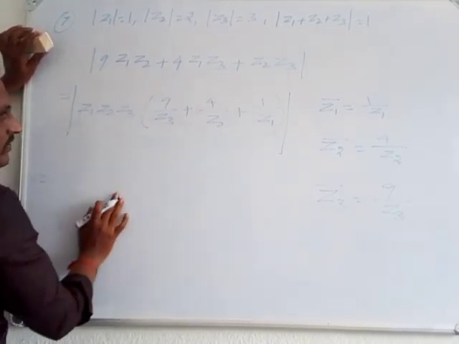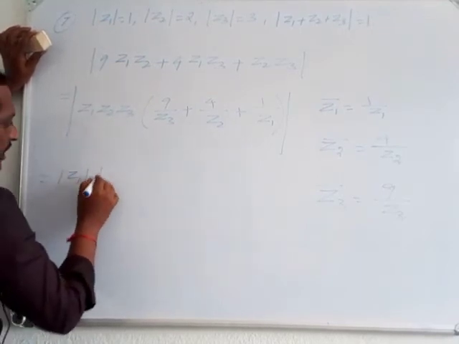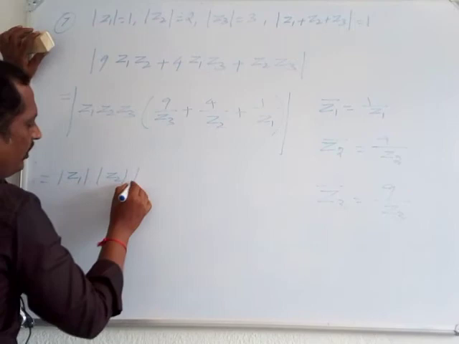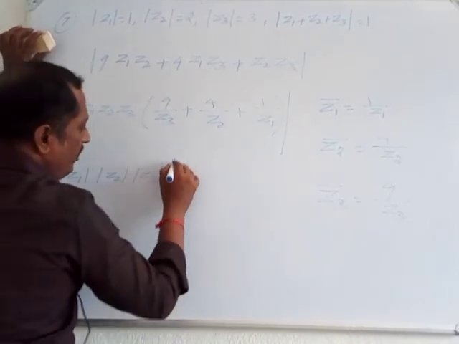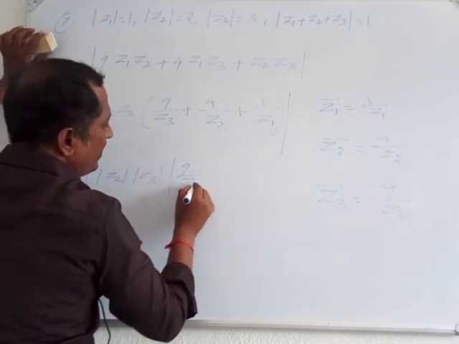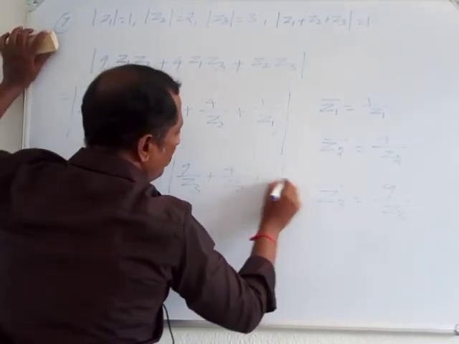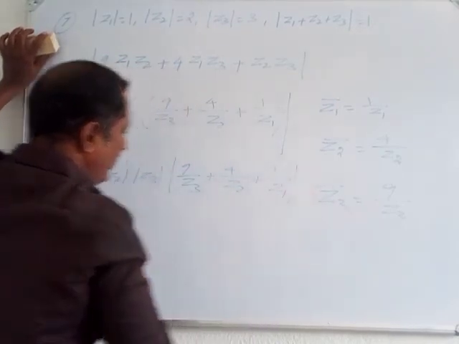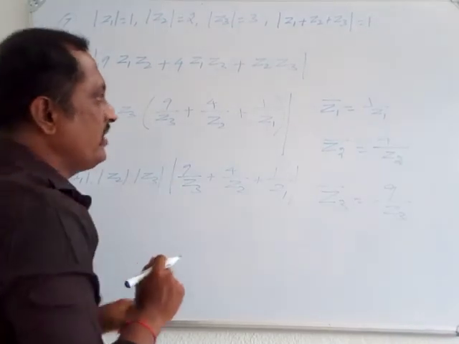So the modulus of the product is equal to modulus of z1 into modulus of z2 into modulus of z3 into modulus of 9 by z3 plus 4 by z2 plus 1 by z1.